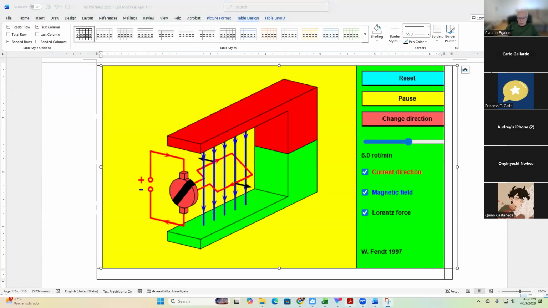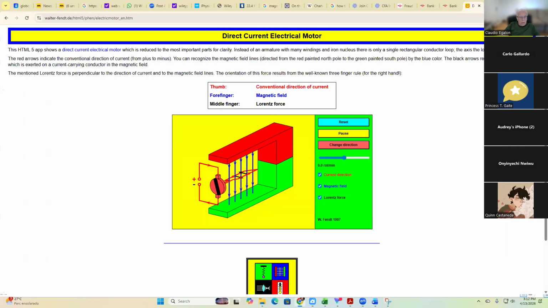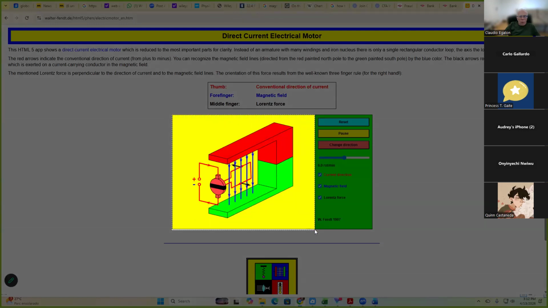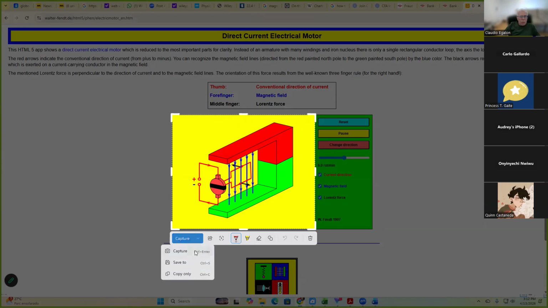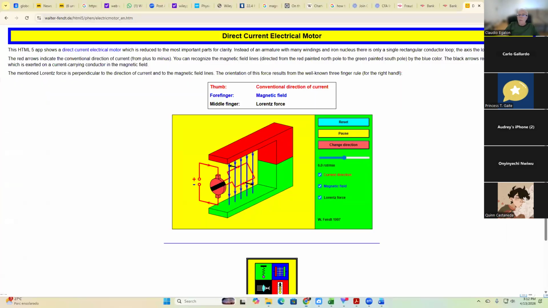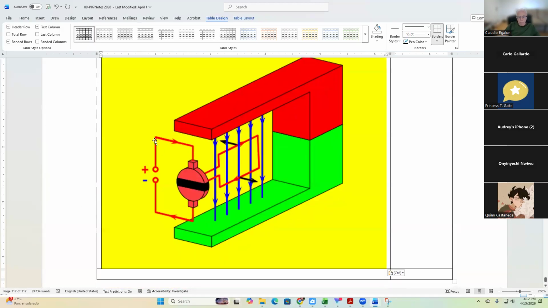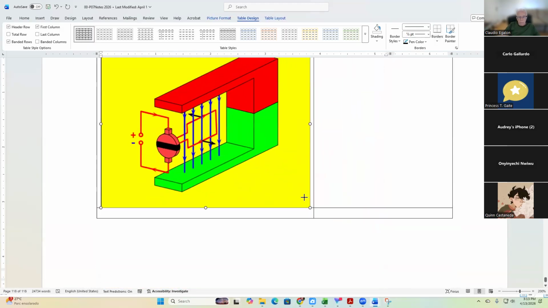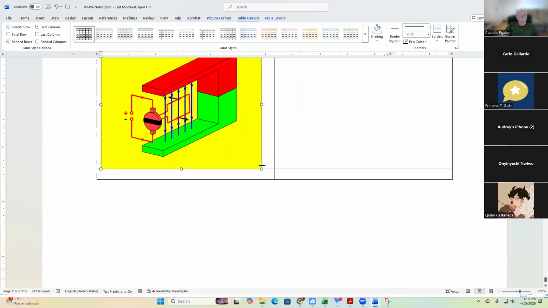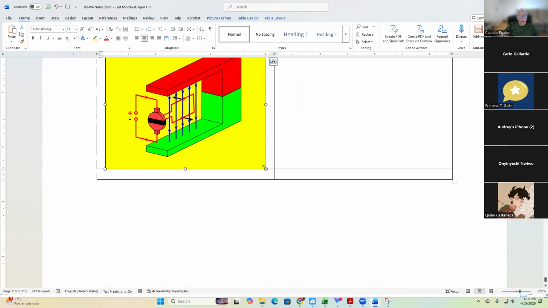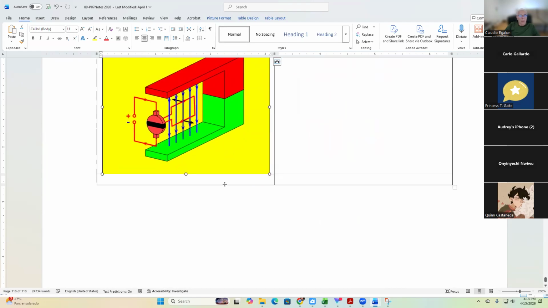Let me get just part of it. Here we go. Yeah, electric motor.